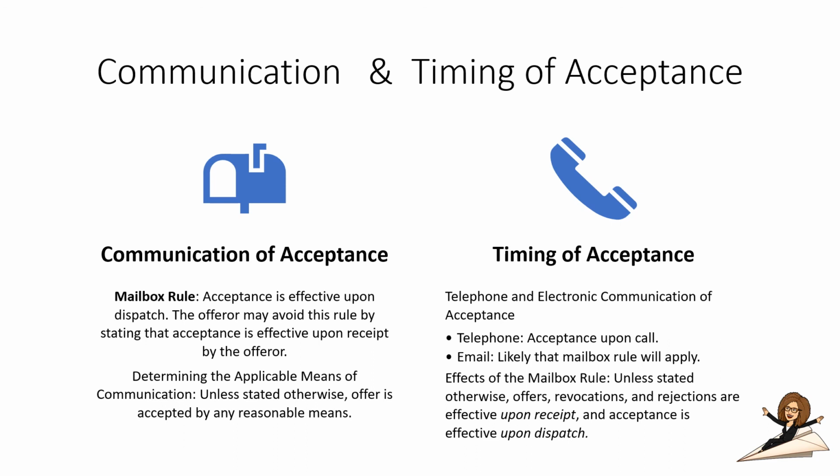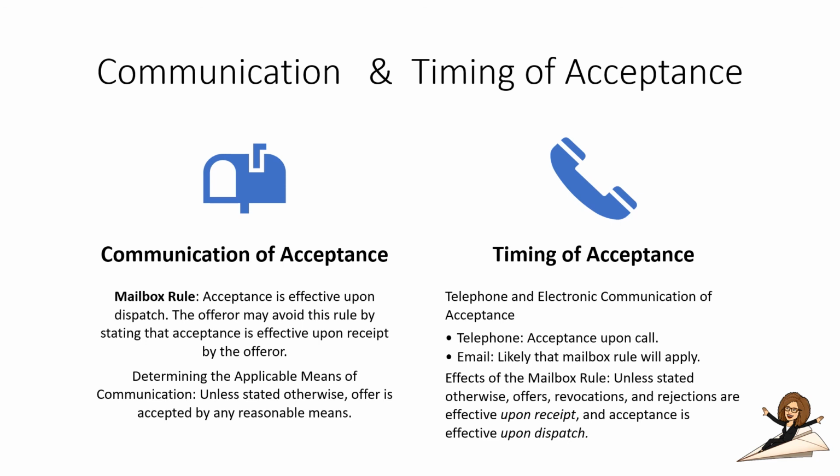When the parties are not in the same place and the offeree is sending an acceptance that, by the mirror image rule, is accepting the exact terms of the offer and sending it back to the offeror, the mailbox rule provides that as soon as that acceptance is dispatched, i.e. sent, it is effective.